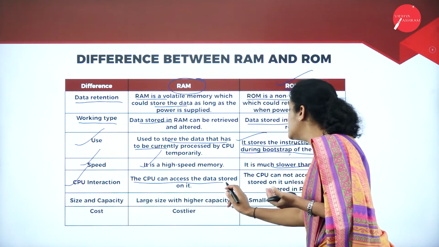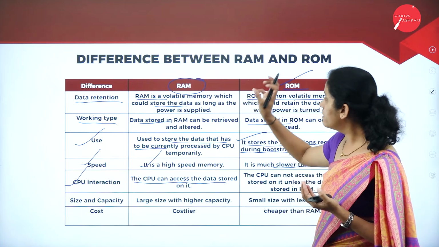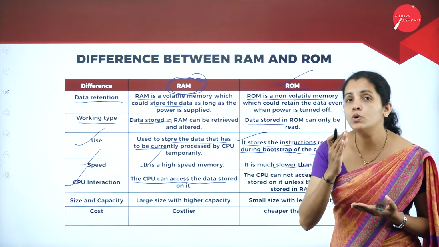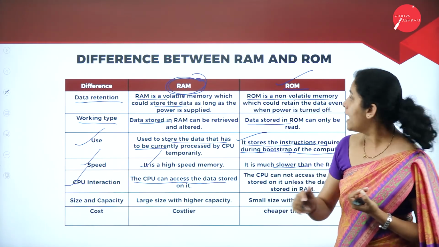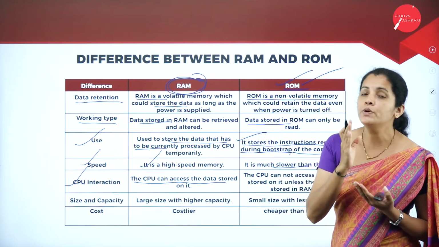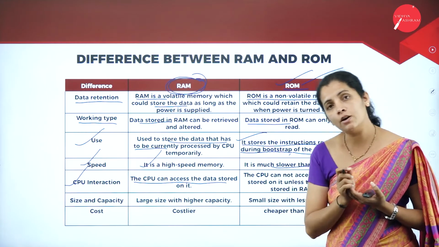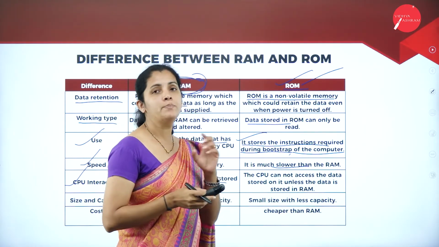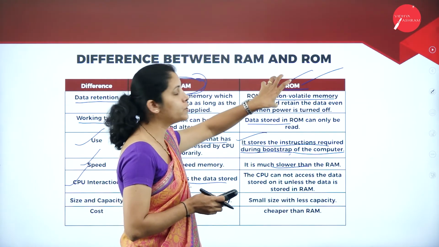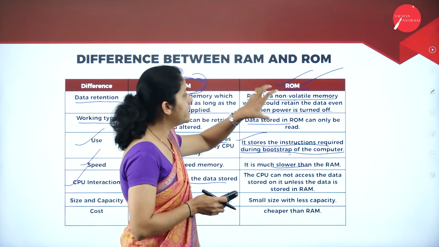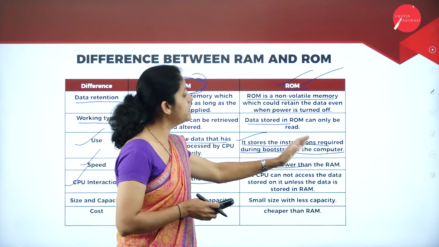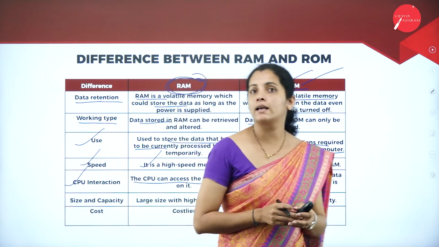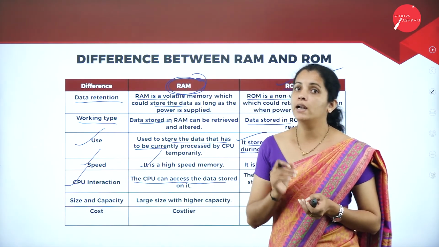Whatever data is stored in random access memory, the CPU can access directly. Whereas in ROM, the CPU cannot access the instructions or data stored in the read-only memory. Suppose the CPU wants to access the data stored in the ROM, then all the data stored in the ROM must be brought into random access memory. Only then can the CPU access the data.